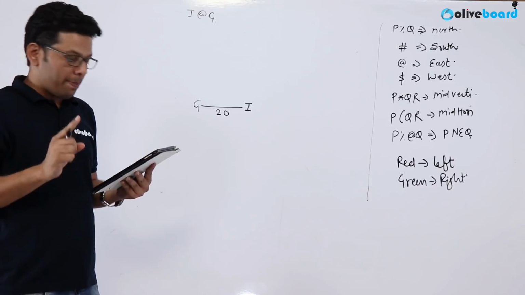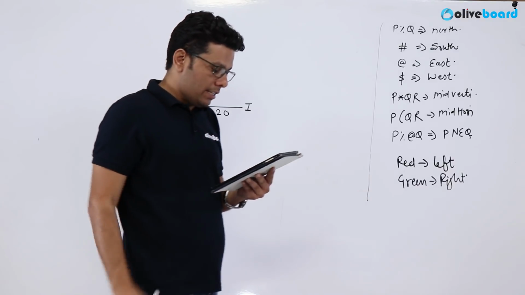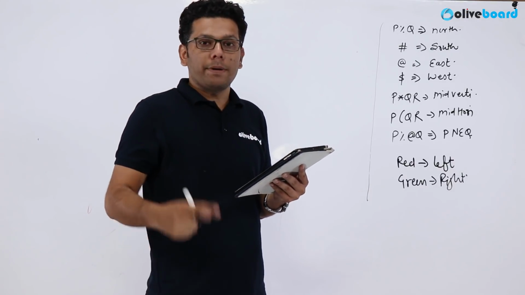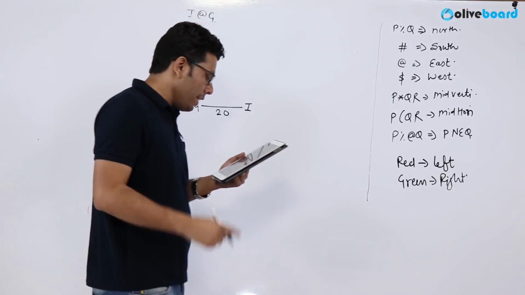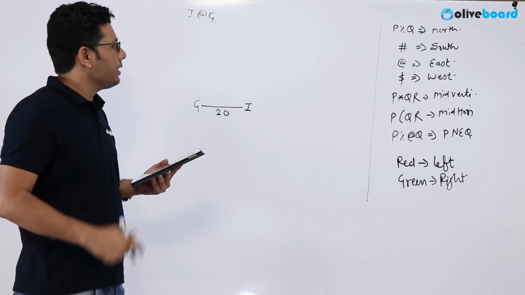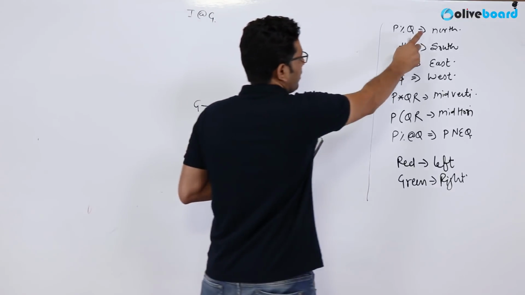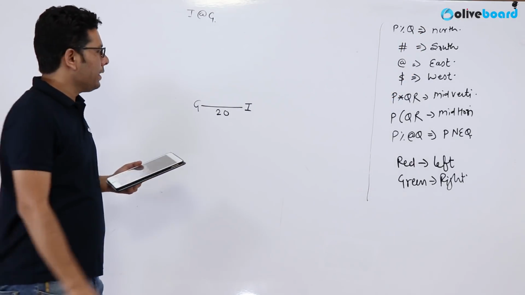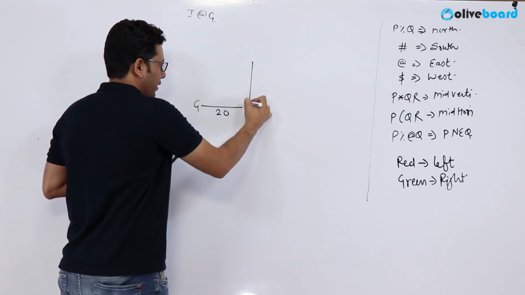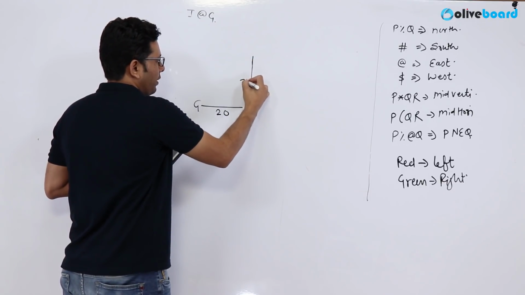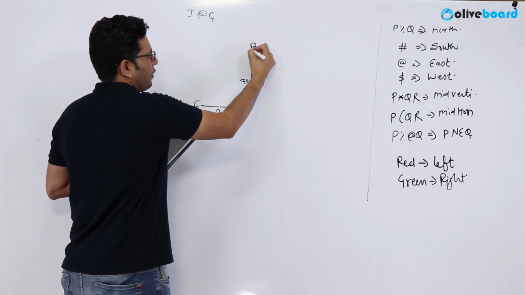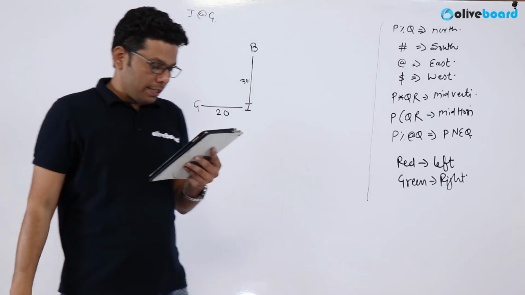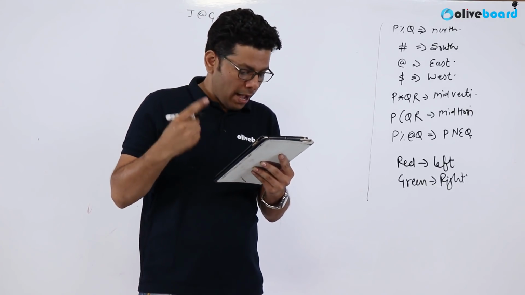Second data they have given is B is 30 meter percentage I. Percentage means north. So B is 30 meter to the north of I. So your 30 meter would be somewhere here, and this is your B.